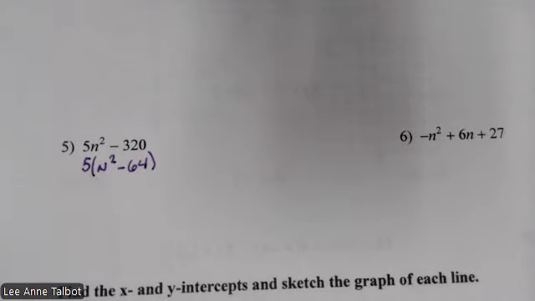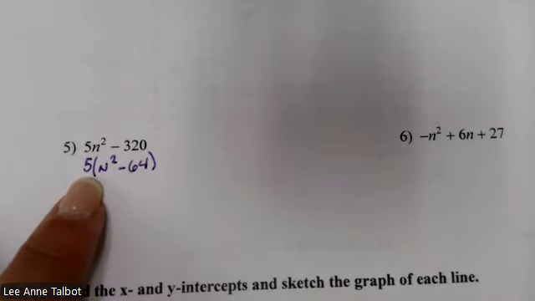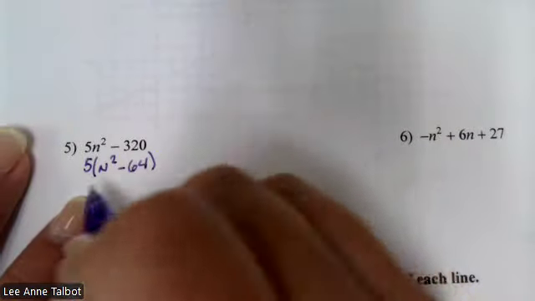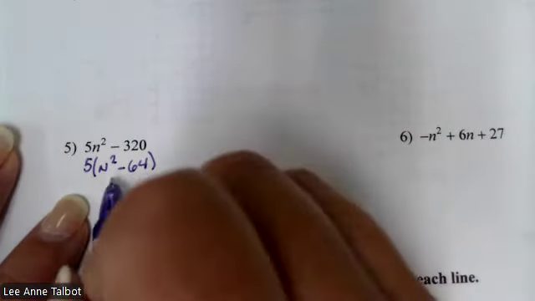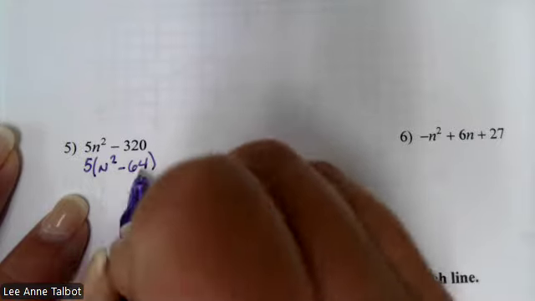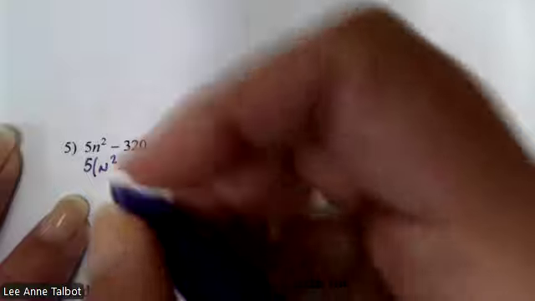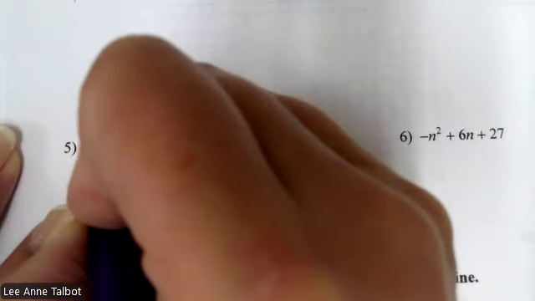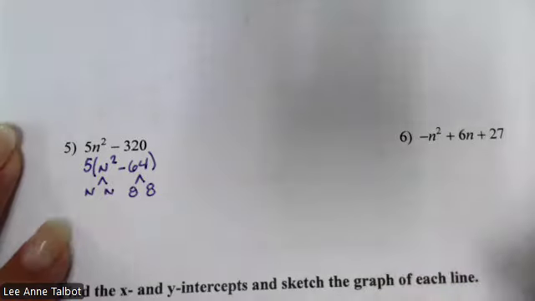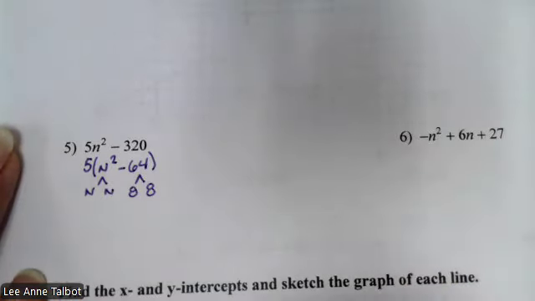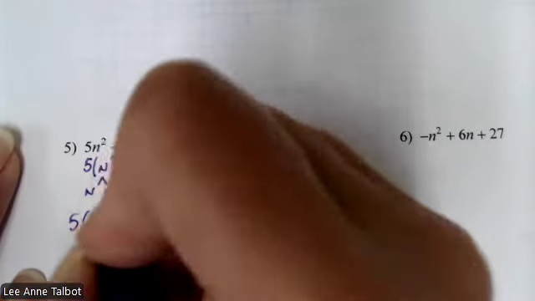Okay, but does the factoring out the 5 make sense? Okay, now you're supposed to recognize that this is a difference of 2 squares. And you can tell because it's a difference, and then there's 2 perfect squares. So I go n and n, 8 and 8. And I have 5.